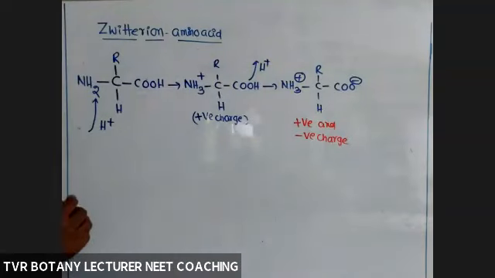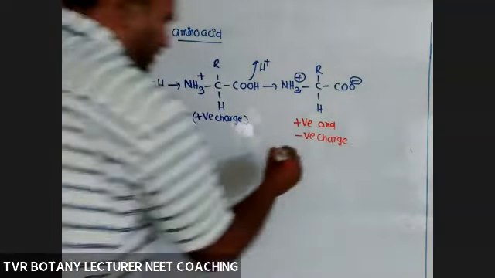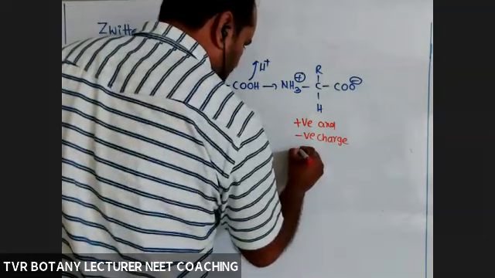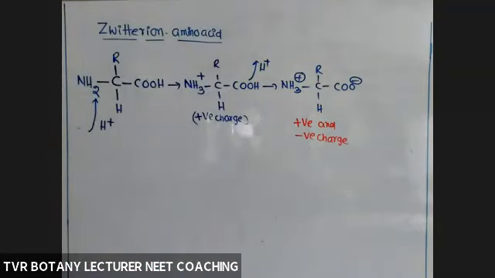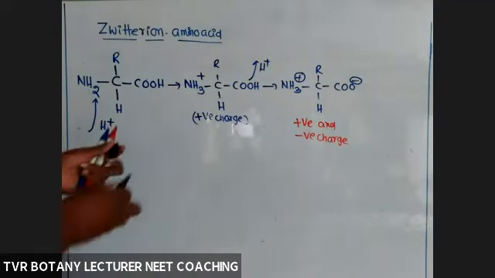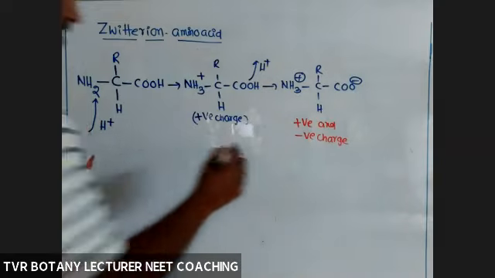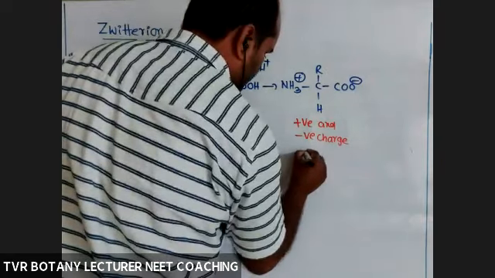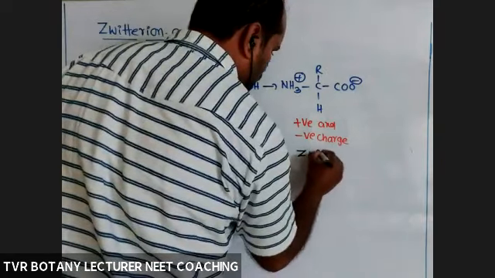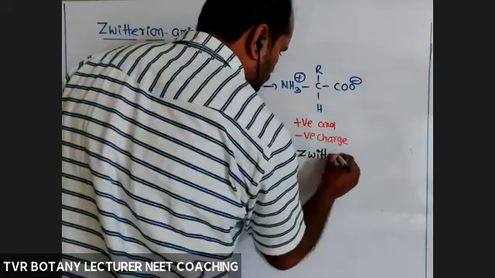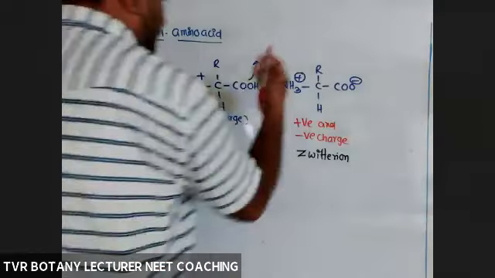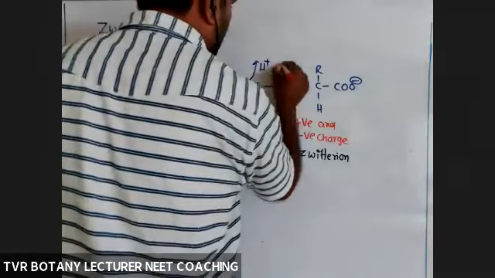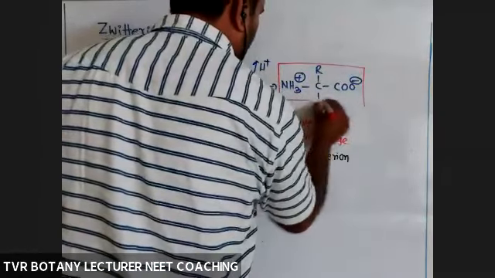Okay, having two charges, positive and negative, so it is bipolar or dipolar. Okay, and this is called a zwitterion. So amino acid with both positive charge and negative charge is called a zwitterion. This is zwitterion.